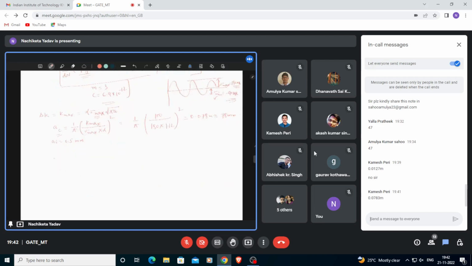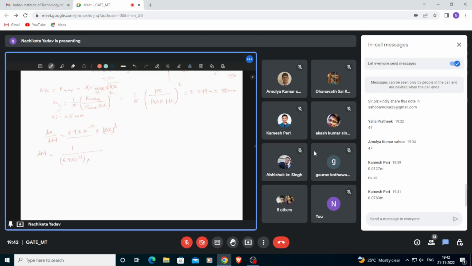Now we have the initial crack length, it was 0.5 mm, and we know the equation dA by dN equals 6.9 into 10 to the power of minus 12 into delta K to the power of 3. So dN we can write as 1 by 6.9 into 10 to the power of minus 12 into this value. What is delta K?